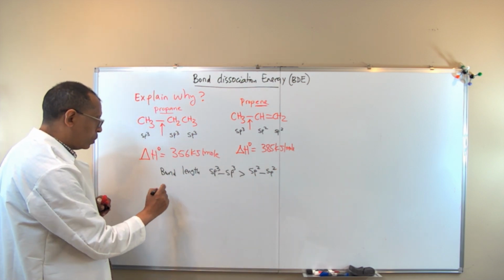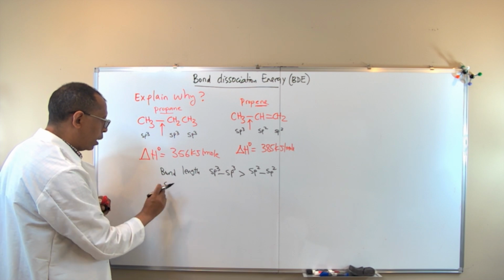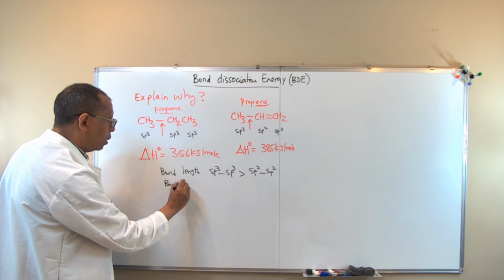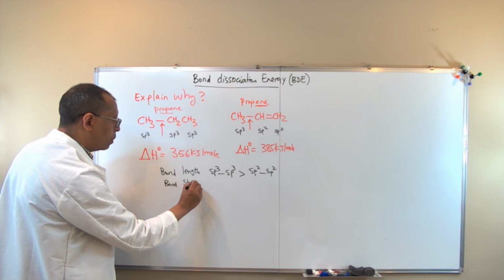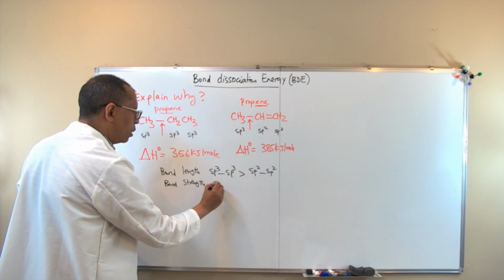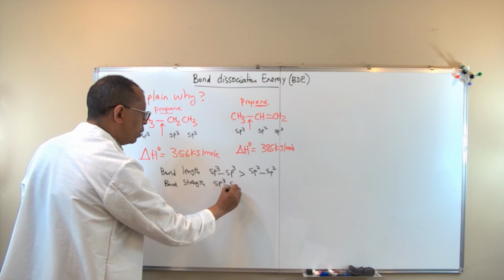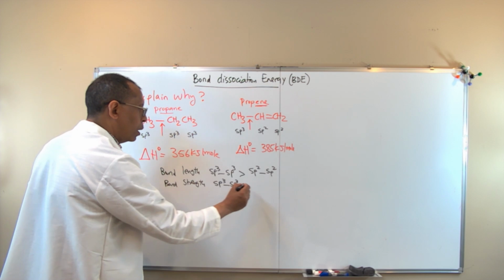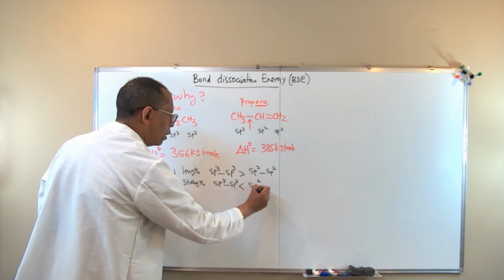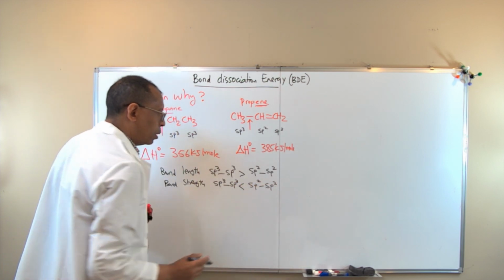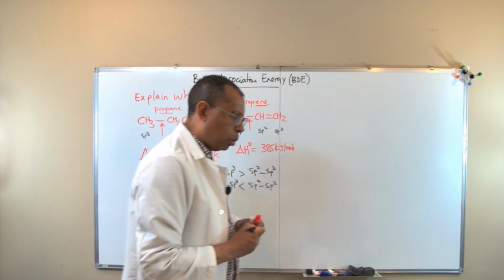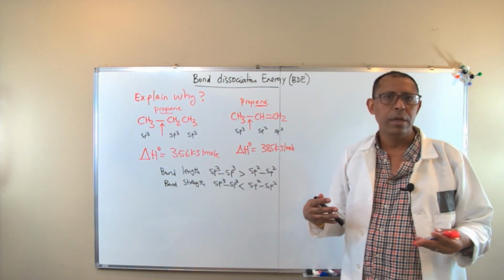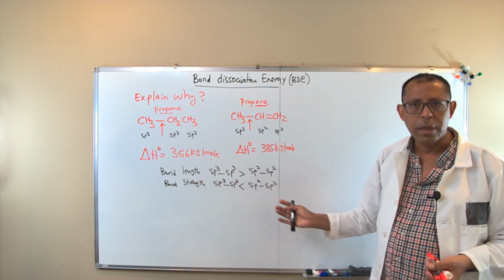Strength-wise, the sp3 bond is weaker than the sp2 hybridized carbon bond. This is important. No matter what kind of organic structure you see, you can easily predict if you know only these facts.